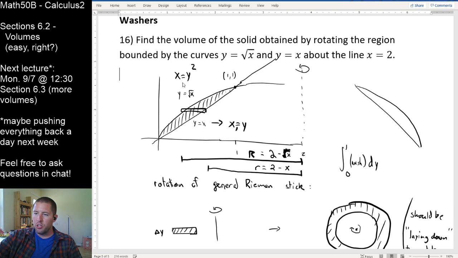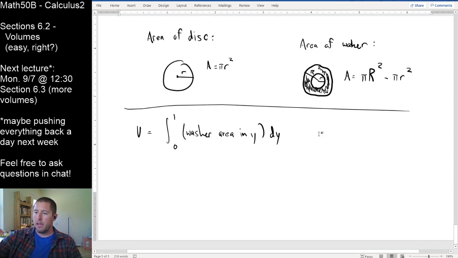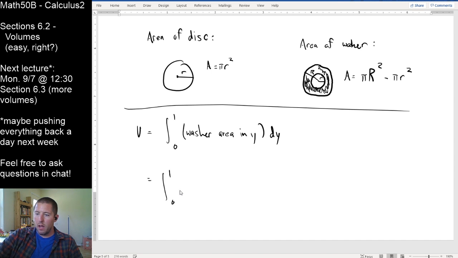This is really 2 minus the inner x, and this is really 2 minus the outer x right here. So I think it's going to make the most sense now for us to make our statement here as the integral from 0 to 1 of pi R squared minus pi r squared dy.